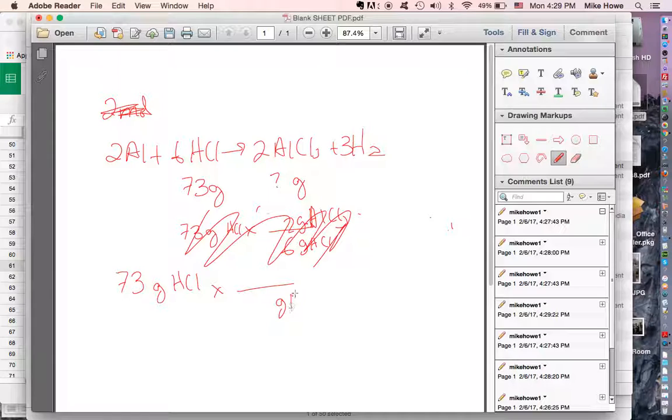So you put grams of HCl here, you put moles of HCl on the top, and then 1 mole is 36.5 grams. Now I get the 36.5 by adding up the weight of 1 H and 1 Cl. So that gives me then 2 moles of HCl.